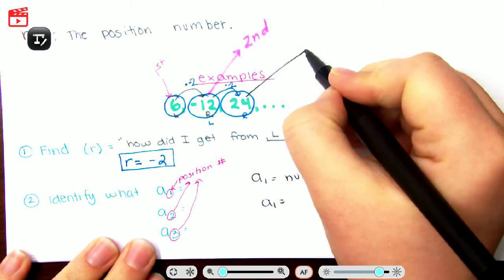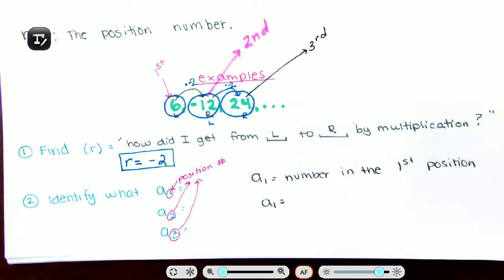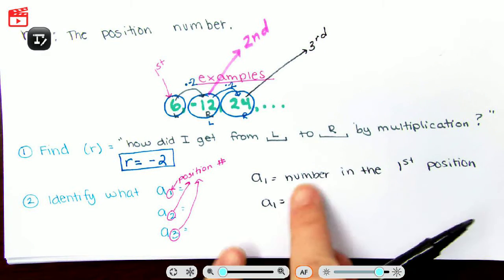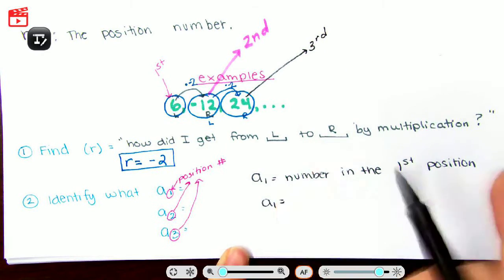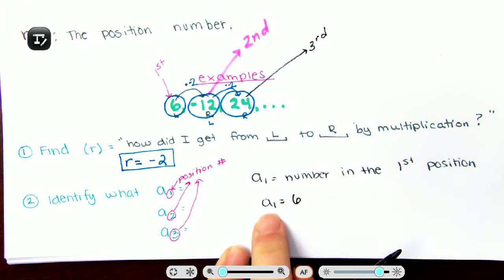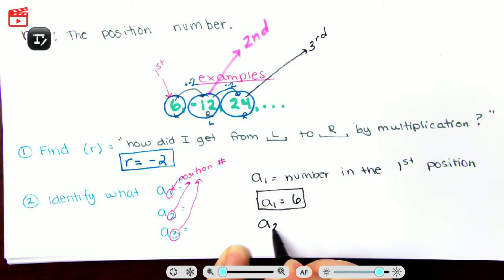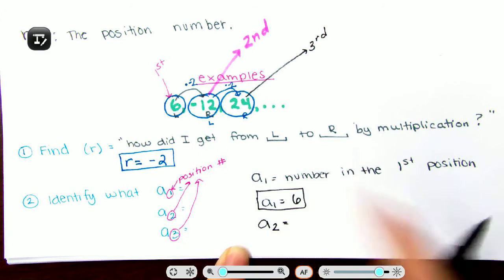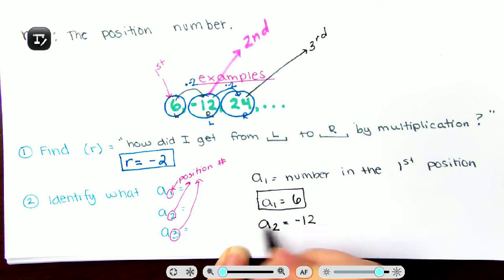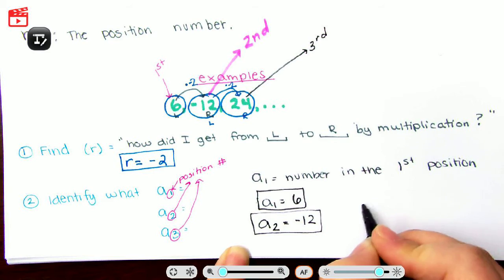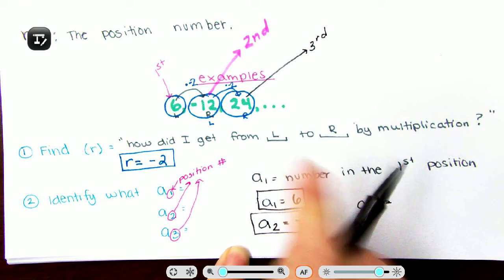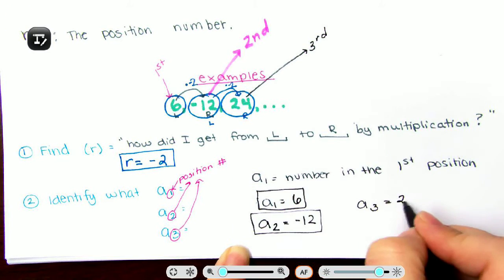And the third number is 24. So what is the number in the first position? It is 6. What is the number in the second position? The second number is negative 12. What is the number in the third position? The third number is 24.